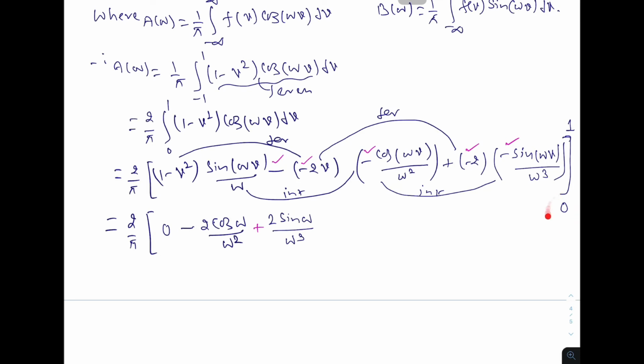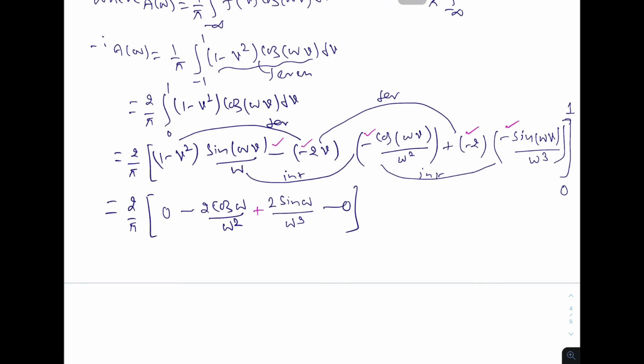Now the lower limit: when I take v equal to 0, due to sine omega v, sine 0 is 0, due to this v, that is 0, and due to sine, that is 0, so the lower limit is 0. Okay, so the answer is 2, 2, 2, so that is 4 over pi.